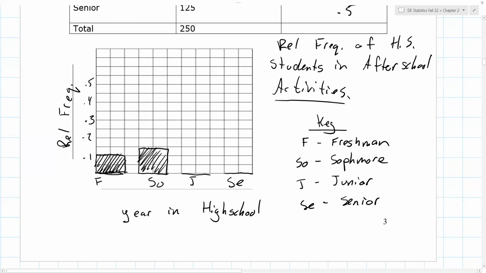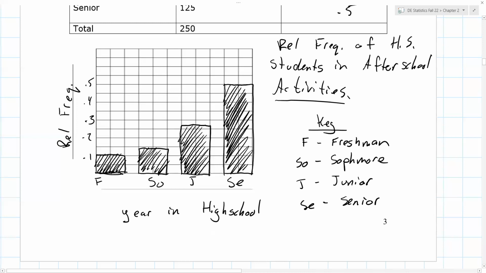Then we're at 0.26, so just above. And then there we have our bar graph. And that's how you create a bar graph.